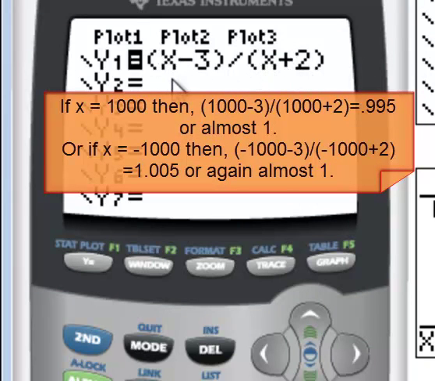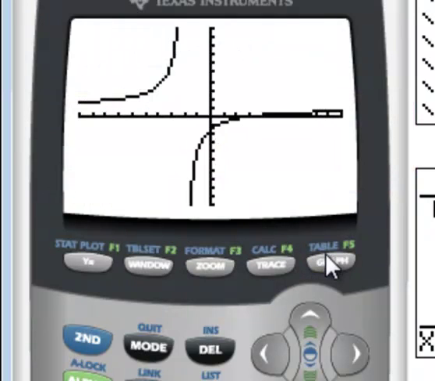And the number is very close to being just x divided by x in this case, which is 1. This is called a horizontal asymptote, and these will be significant values as well when working with applications of rational functions.